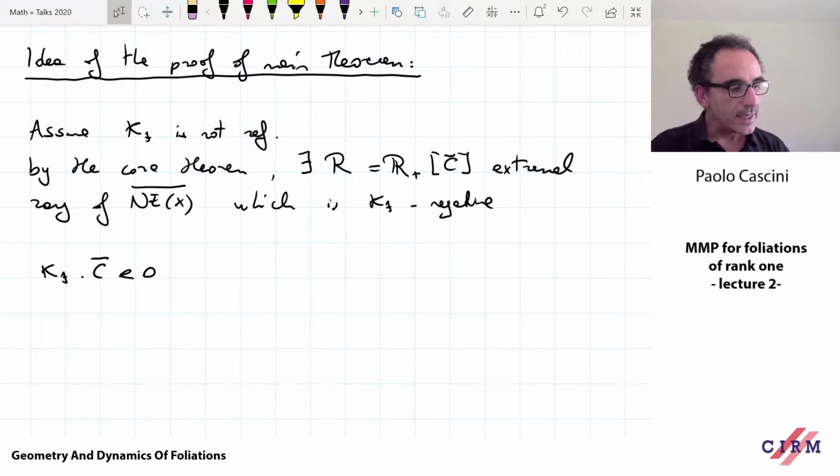Okay, so now the idea is that we want to look at the locus of this ray and we want to contract it.